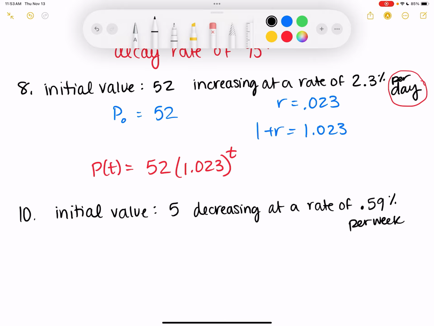So this time, if I was solving my equation, then it would be in weeks for T. So P0 is 5. Now, it's decreasing at a rate of 0.59%. So what does that mean R is? R is 0.59. But it's decreasing, so what does that mean?